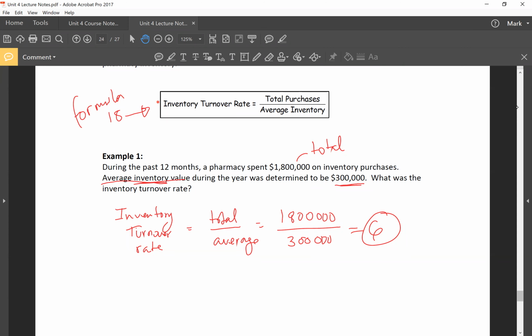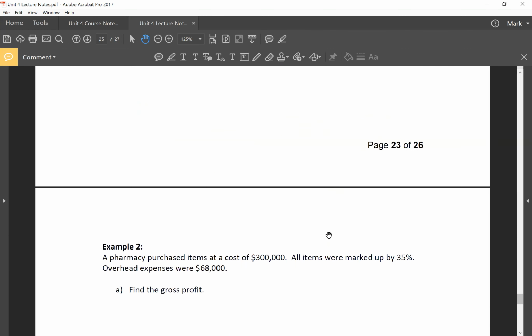So over the year, you've bought inventory 6 times, which means you're selling the items, right? You wouldn't buy the items 6 times if you weren't selling them. So if your turnover rate is high, you're buying inventory more often, but that must mean the items are selling. That's what inventory turnover rate means. Turnover is good.